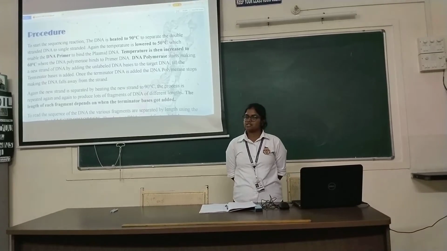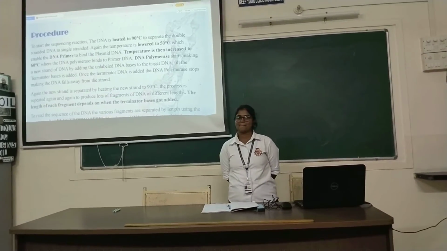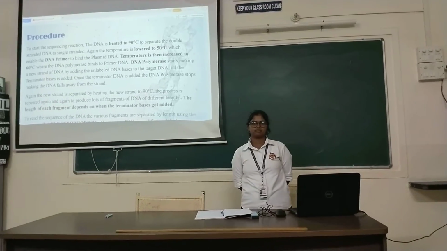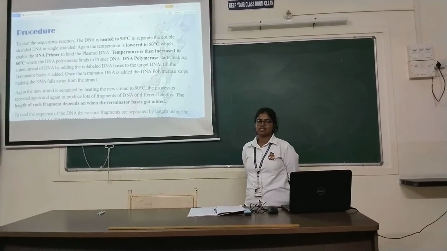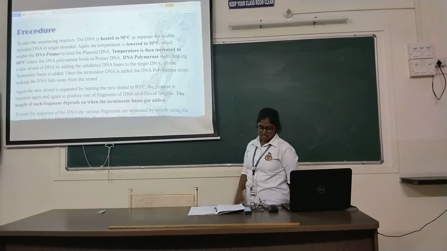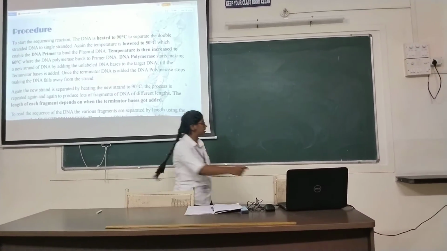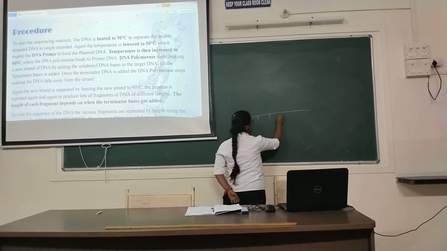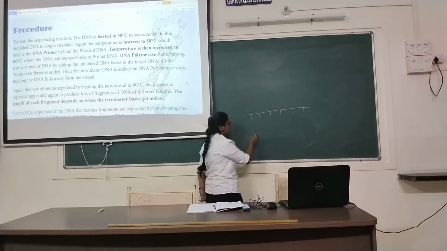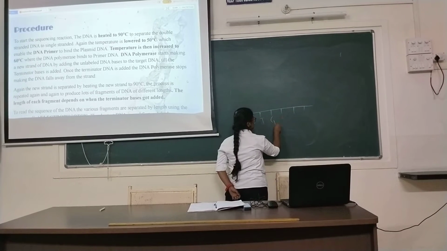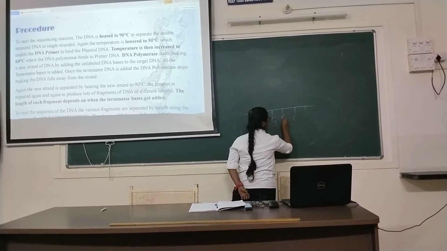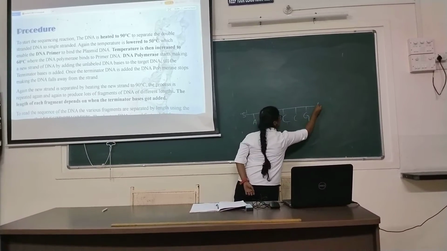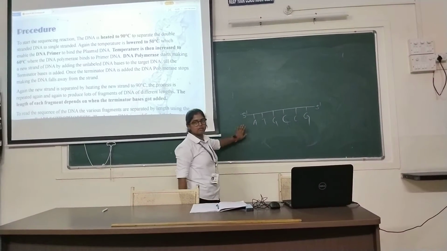Do you know why DNA bases are added here? Anybody? Free DNA bases. See, we have single-stranded DNA, this is a strand, a known template, A, T, G, C, G. This is incomplete DNA, right?